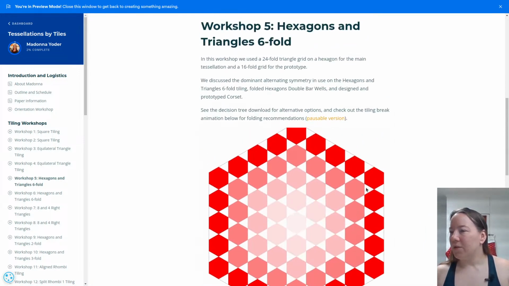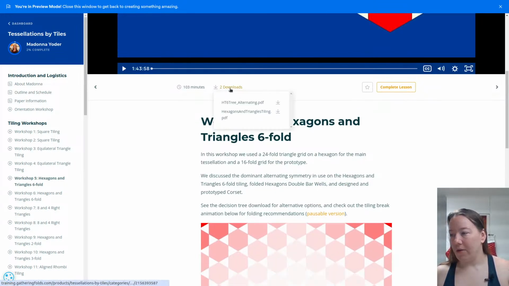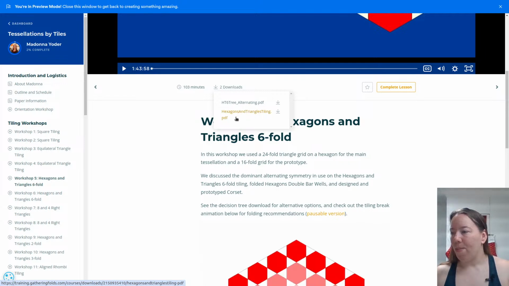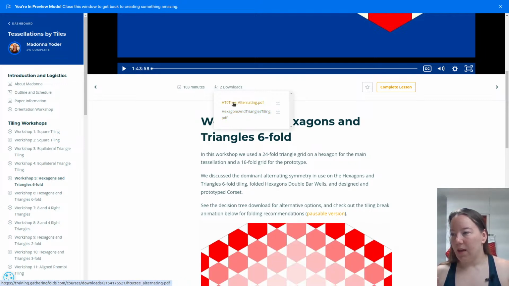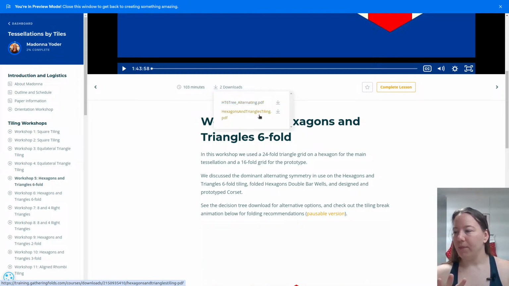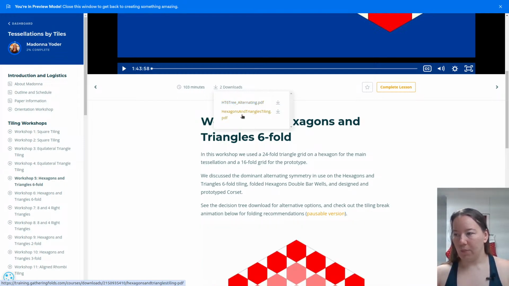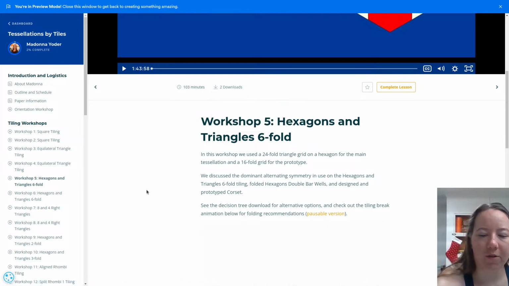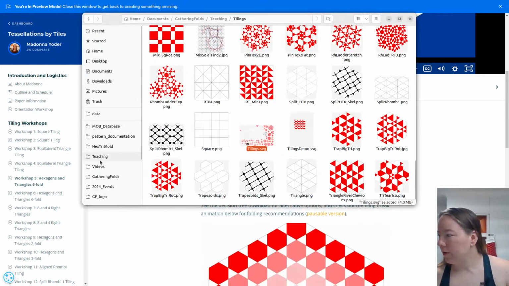And there's also some downloads of the tree of what's going on, and then another PDF. And these tree structures, and actually let me get that one out to show you.